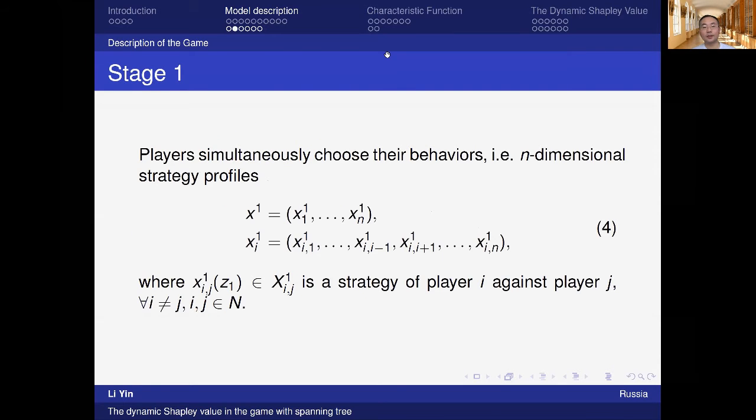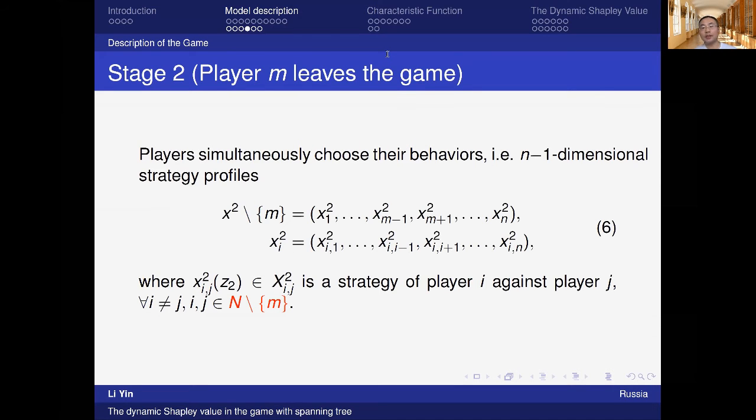So let's describe the game. As I said, it is a two-stage game. At the first stage, all players simultaneously choose their behaviors, and after the first stage, if player M stays in the game, it is played repeatedly, and all players select strategy profiles the same.